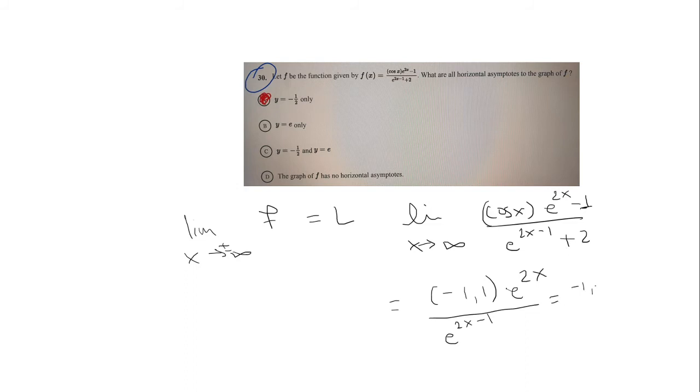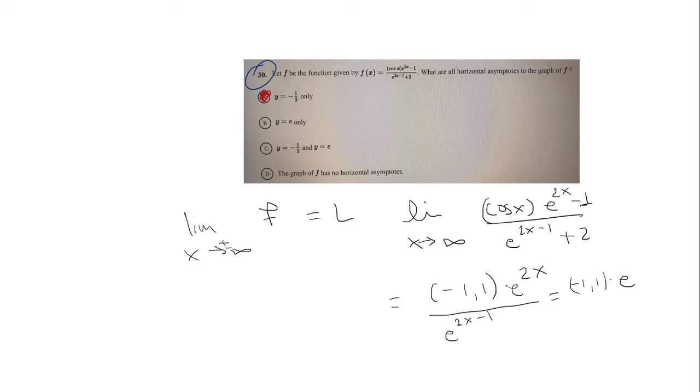So -1 comma 1 is where cosine is going. So again, this is horrible notation, and you shouldn't write this down, but I think it illustrates what's happening. Okay, so your coefficient of e to the 2x, think of it like that, is going between -1 and 1. And then e to the 2x over e to the 2x minus 1 is just e. Okay, so what does this mean?